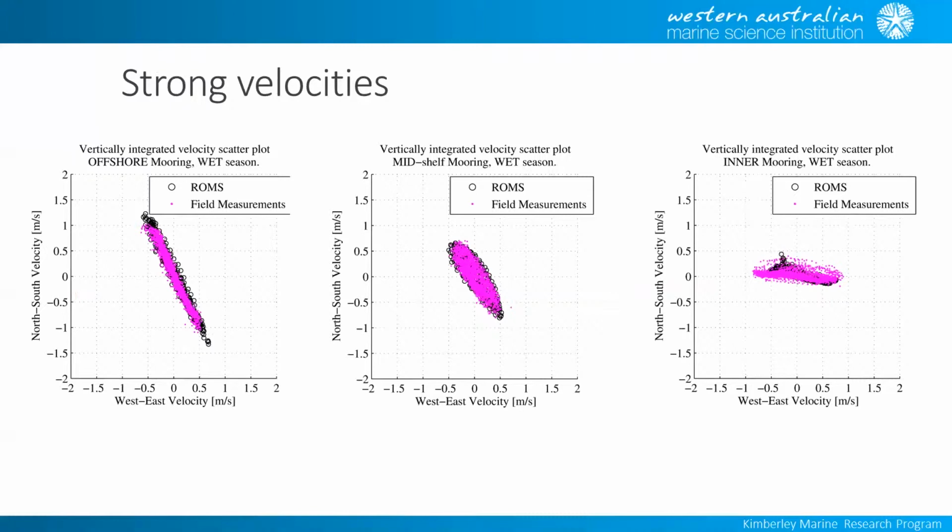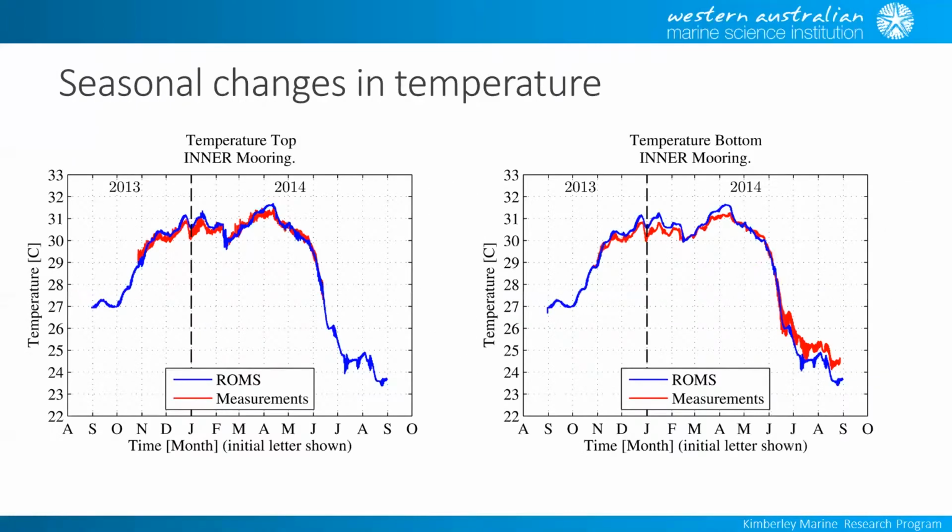You can look at other aspects of the comparison between model prediction and measurements. In this case, we're looking at temperature. These are now time series covering a period from August through to October the following year, so almost a yearly cycle.